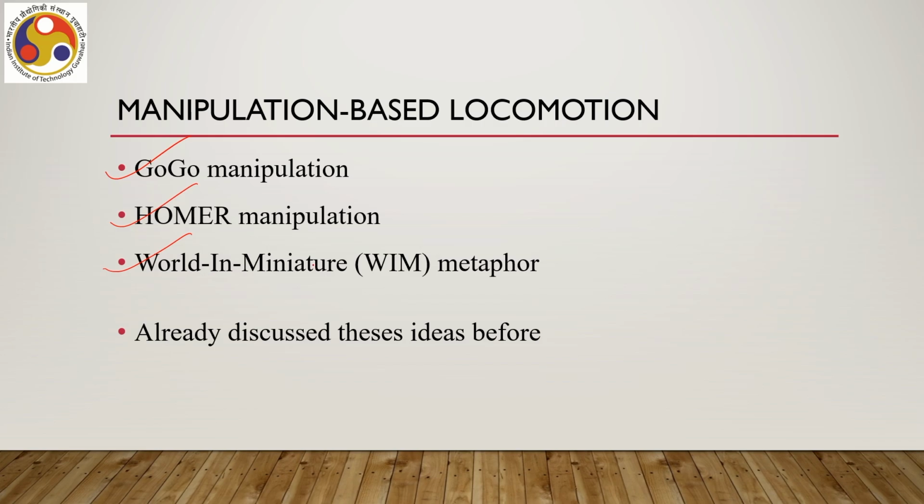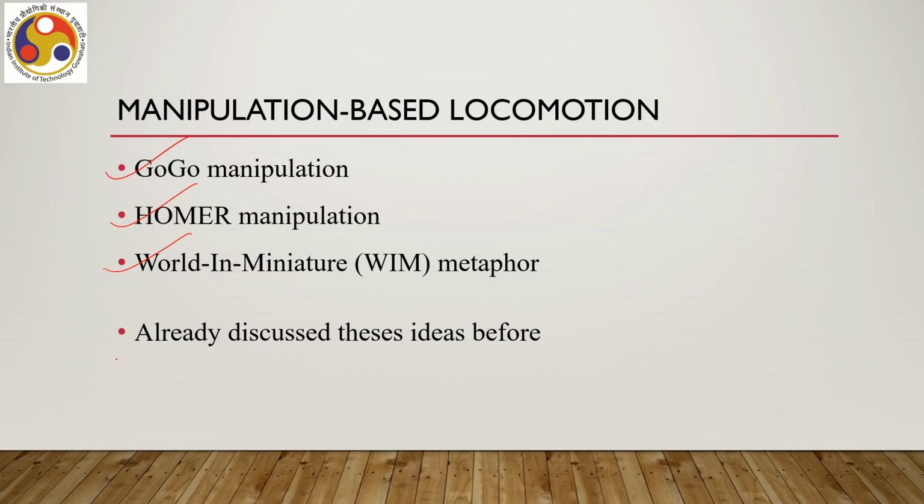Using a combination of these different manipulation techniques and metaphors, we can implement manipulation based locomotion. For example, in a world in miniature metaphor, if we manipulate certain objects, then a corresponding change in viewpoint happens as if the user is moving from one place to another. So, this type of implementation is possible through manipulation based locomotion techniques.